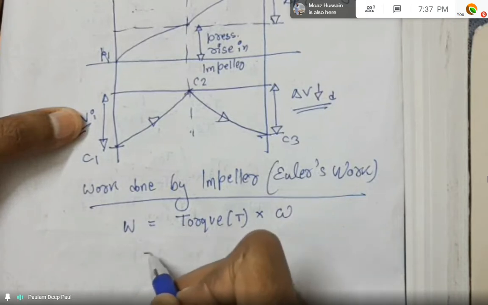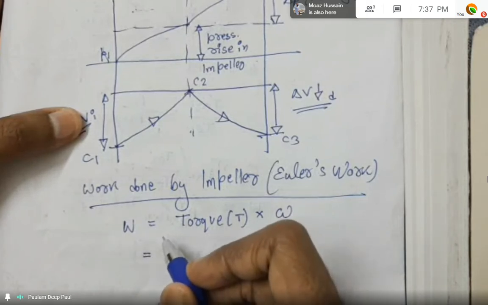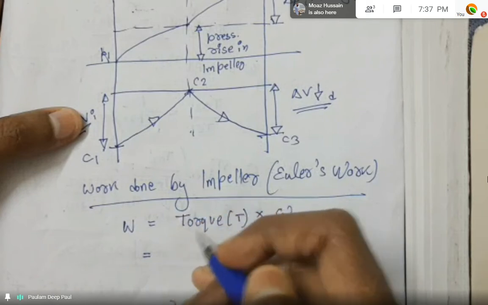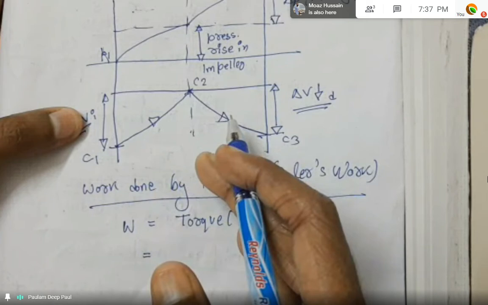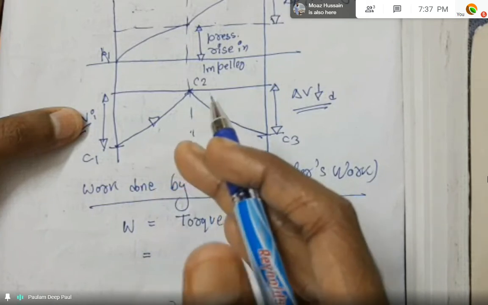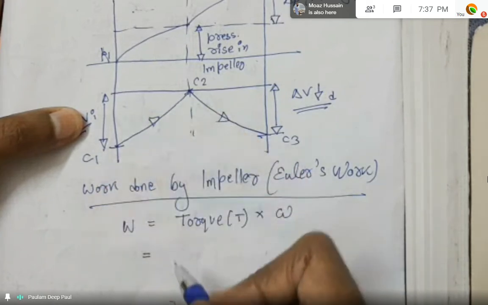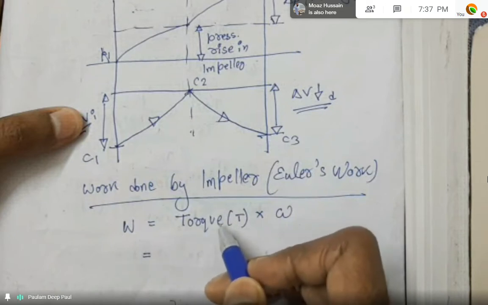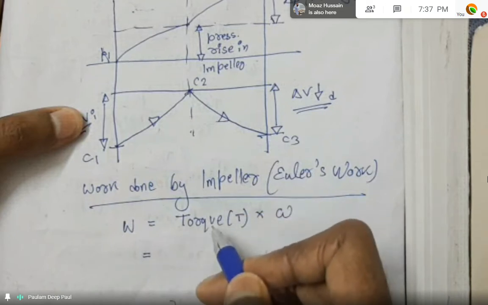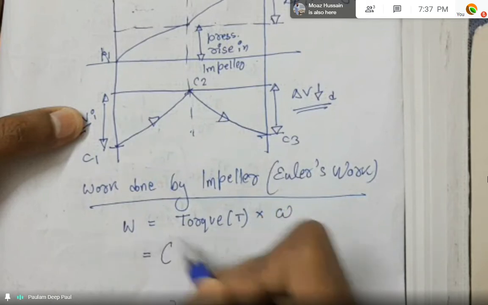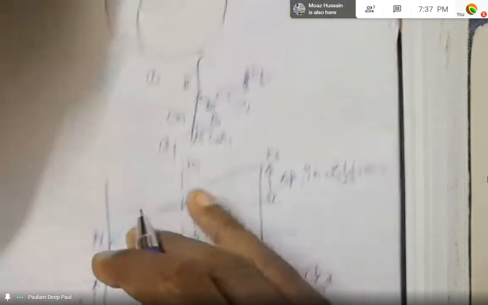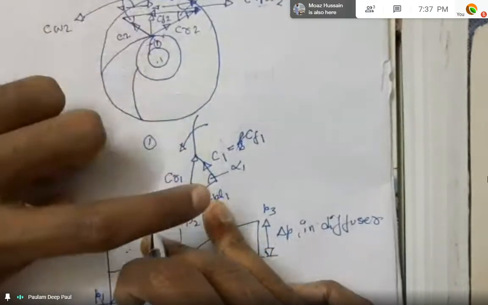Now how do we derive the theoretical torque? Theoretical torque is the product of the whirl velocity multiplied by the radius, that is the inlet or the outlet radius. The total torque experienced by the air would be the difference between the outlet and the inlet.